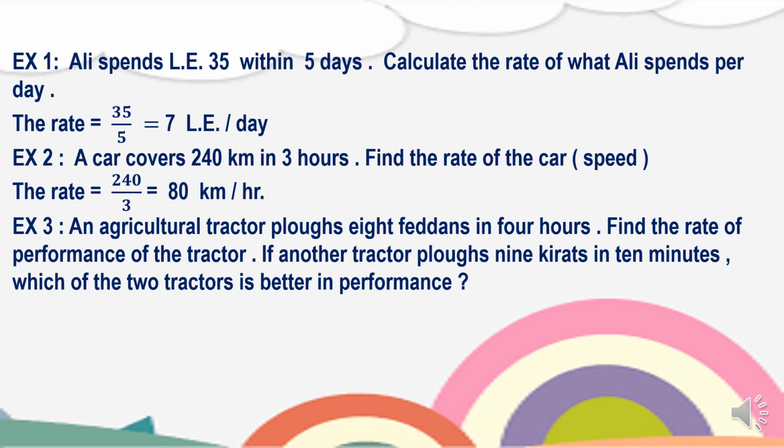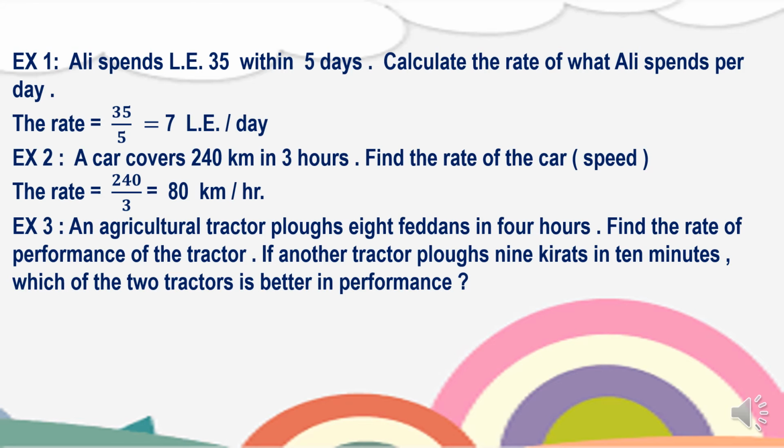To compare two rates, I must get these rates in the same unit. So I read the question again. The first tractor works by fadden in hours. And the second tractor works by kirat in minutes.